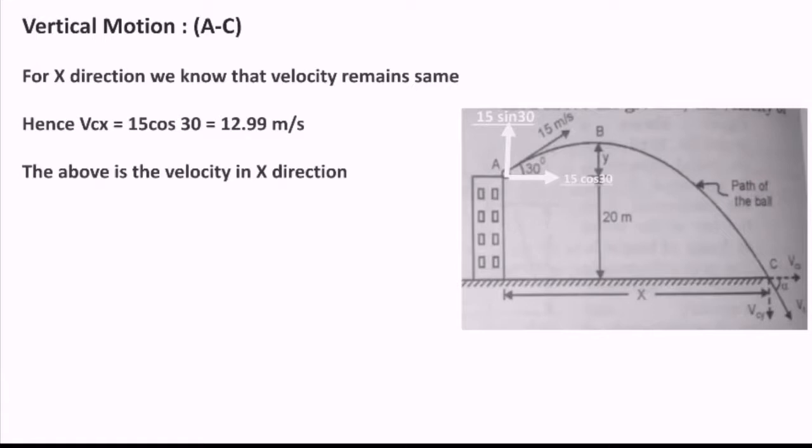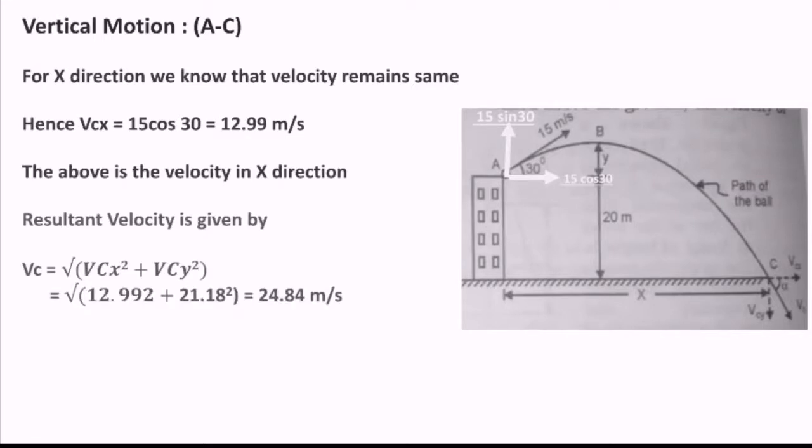From previous we got the velocity in y direction, here we got velocity in x direction. Now resultant velocity is given by root of Vcx square plus Vcy square. On substituting which, I will get answer for Vc, that is resultant velocity at C, as 24.84 meters per second. This becomes the magnitude of velocity.